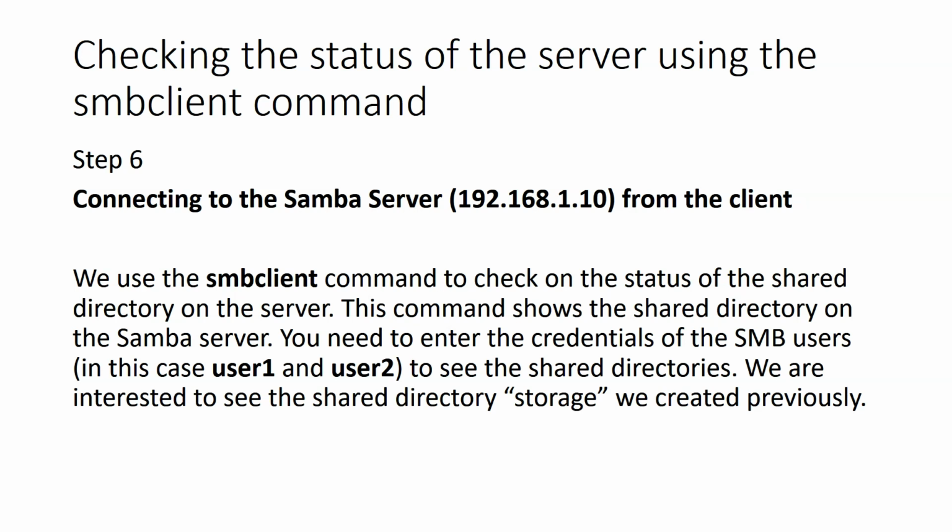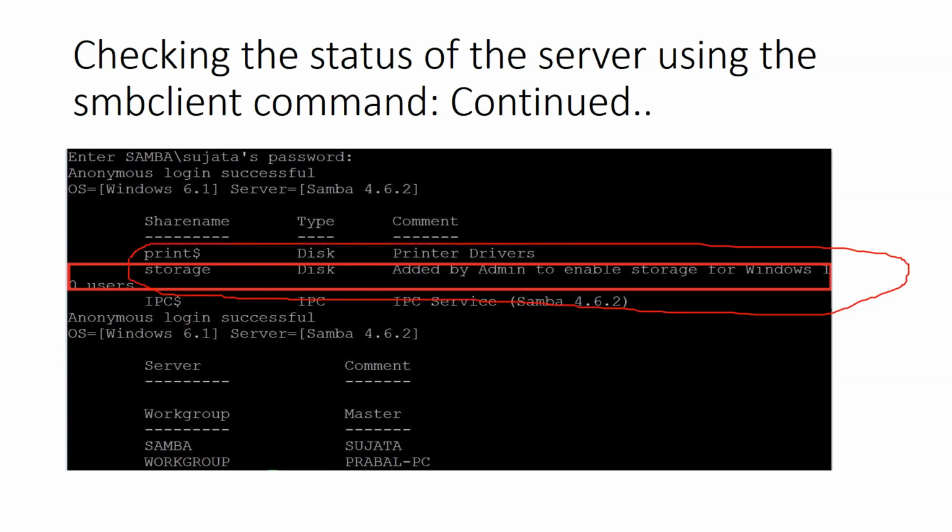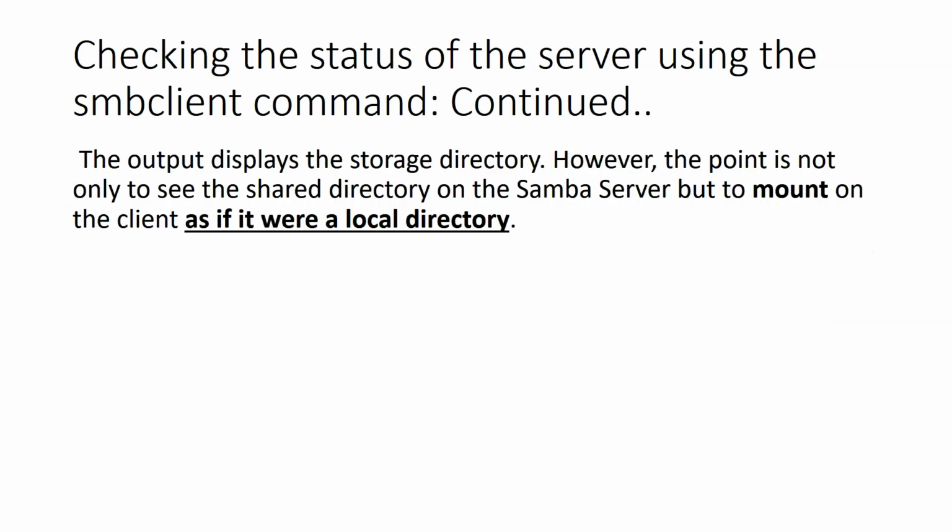We are interested to see the shared directory storage that we created previously. We can see that the storage directory is clearly visible here. The output displays the storage directory.